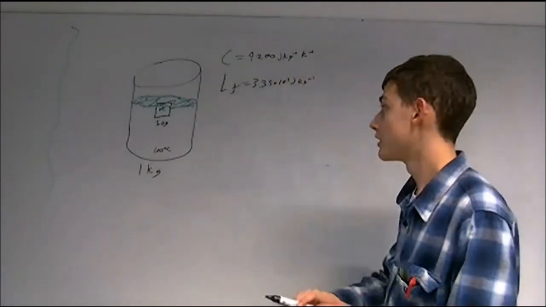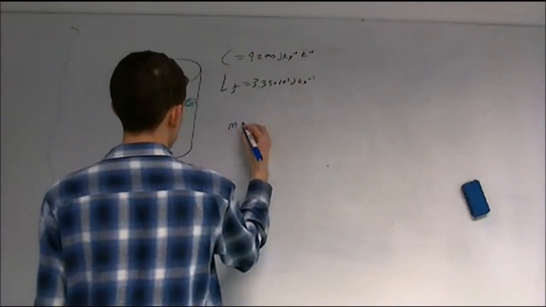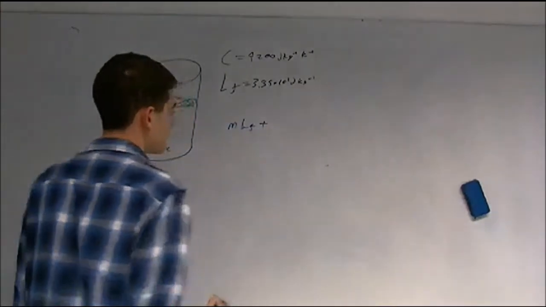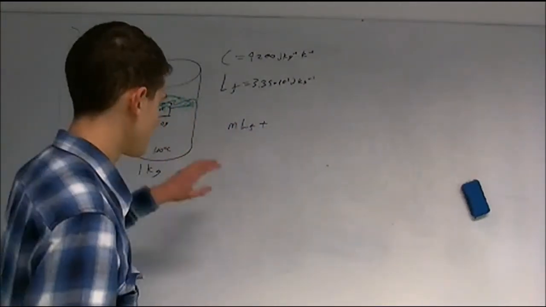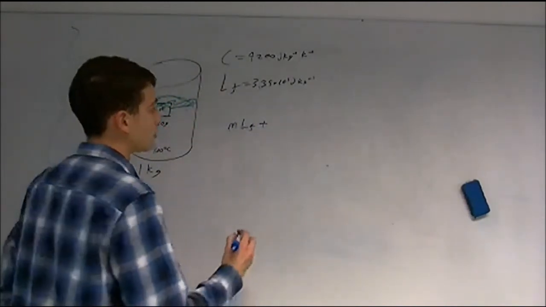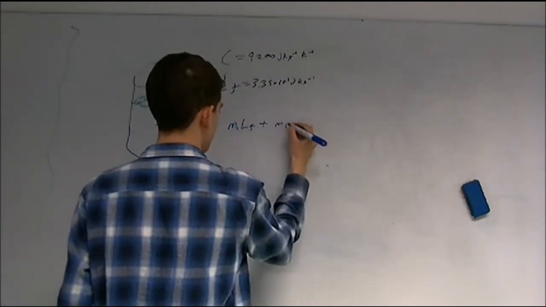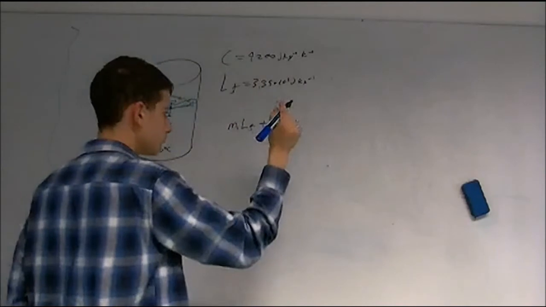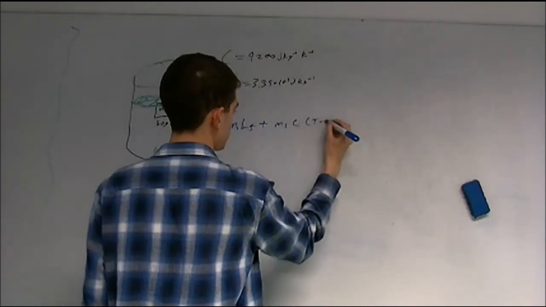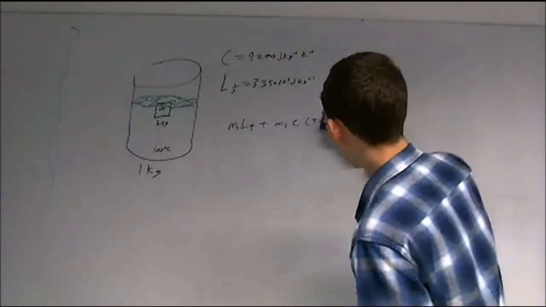So it's going to start with mass times latent heat of fusion. This is going to be the Q for the ice, the thermal energy of the ice, plus Mi C delta T, which is going to be final temperature minus 0. So we can just get rid of that 0 there.